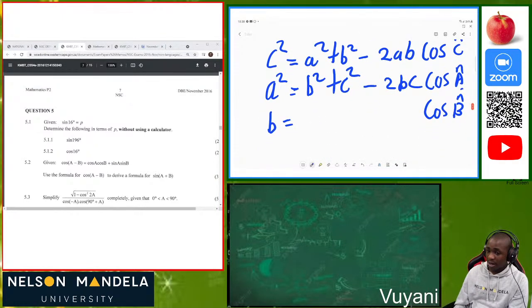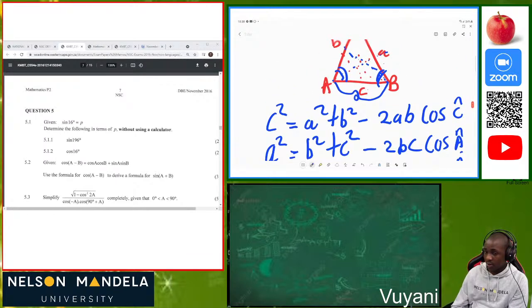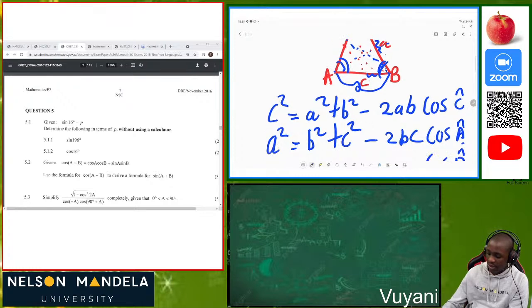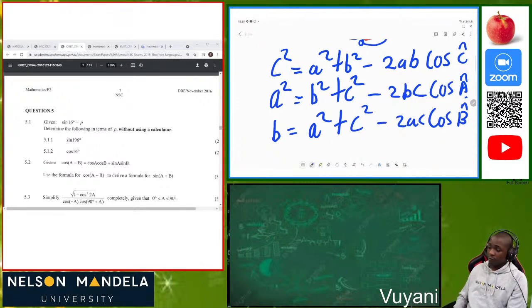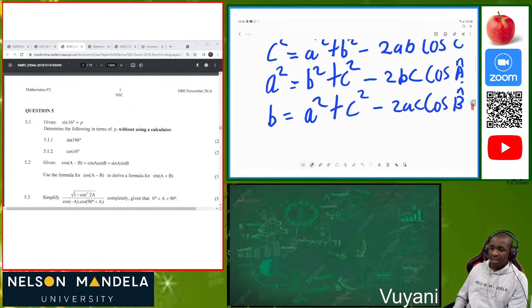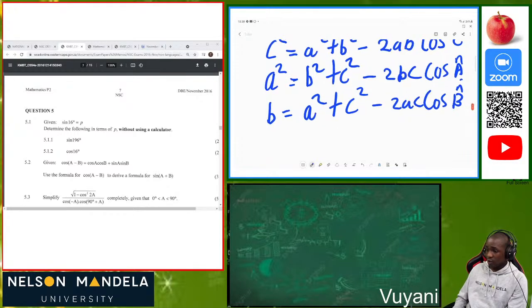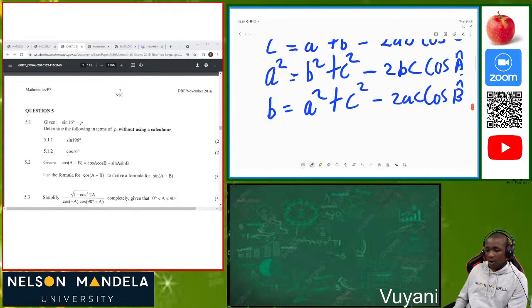That won't be hard because we know which sides support this angle. So we can just write a squared plus c squared minus 2ac cos of B. So this is our cosine rule.